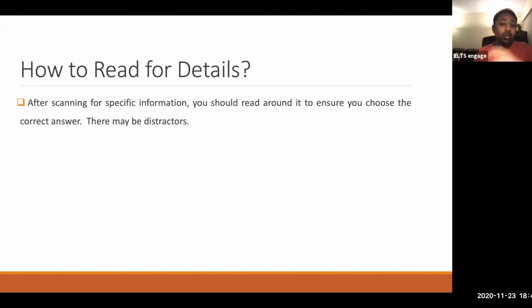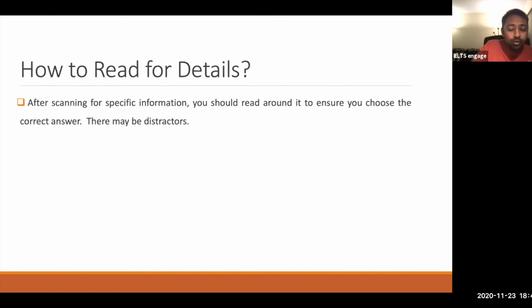You could probably locate it using the scanning technique. So you go to that particular location in the passage and you read around it to ensure that you get the correct answer, right? So you use these techniques together. You don't use them individually but together. You read for specific information, you skim or you scan, and then go back, read around it, and get your correct answer.